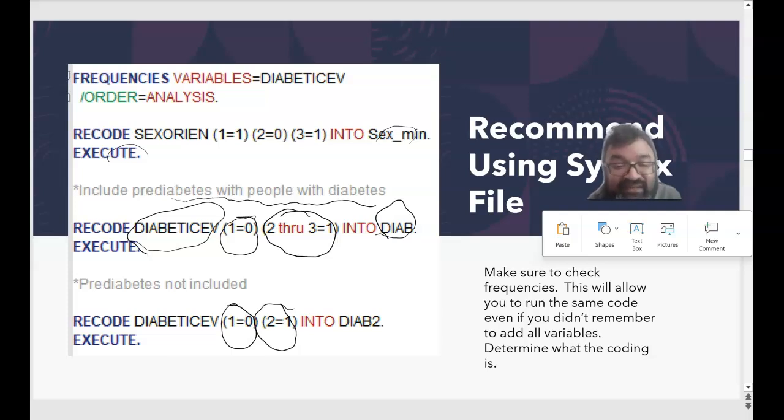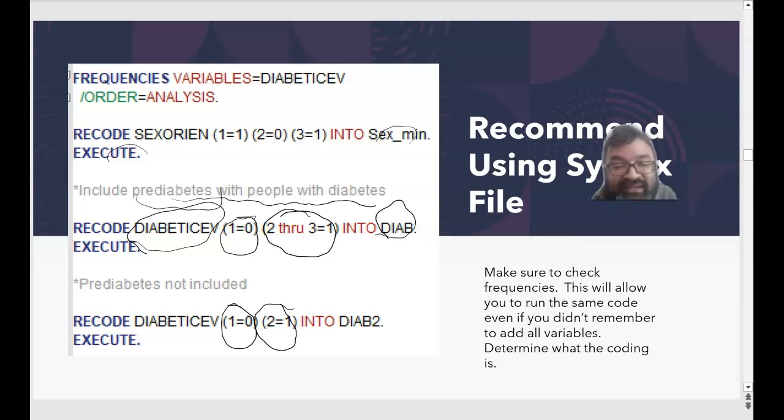For instance, people with prediabetes have a really small sample size. So if you haven't combined many years, or if you don't have an adequate sample size, then you want to make sure to create a variable that makes sense.